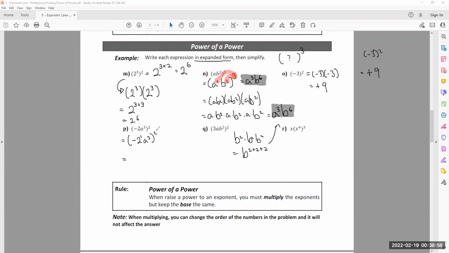I see a negative. That's an even exponent. So my final answer will be a positive. This is 2 to the power of 2, because it's 1 times 2. This will be a to the power of 6, because it's 3 times 2. So my final answer is 4a to the power of 6.